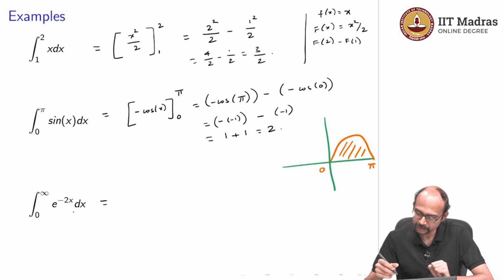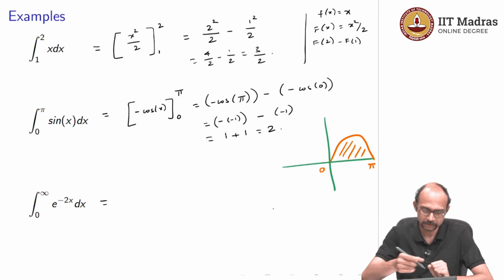Okay. So, for the exponential decay function, here we have e to the power minus 2x from 0 to infinity. What do I mean by 0 to infinity? We have only talked about definite integrals where we have two numbers a and b, but we can also do this for a to infinity.